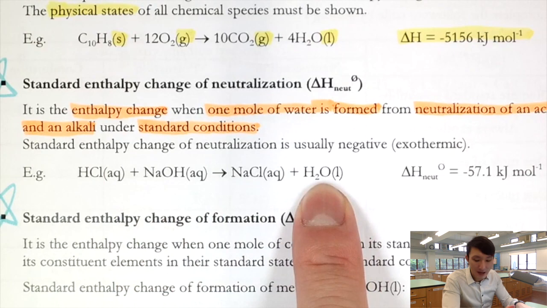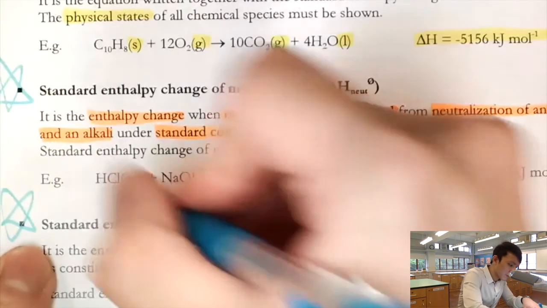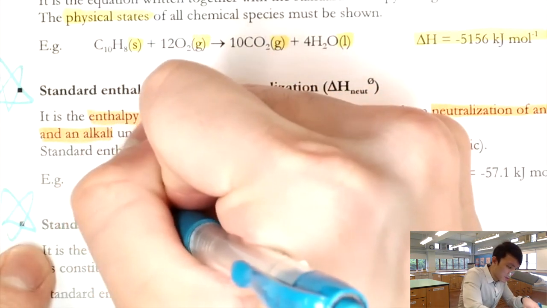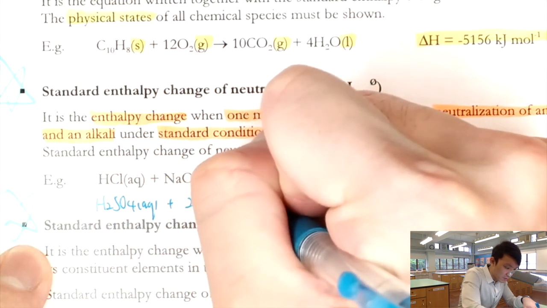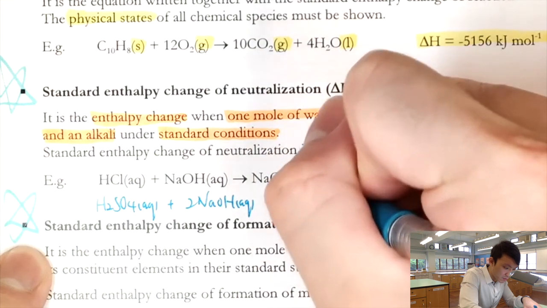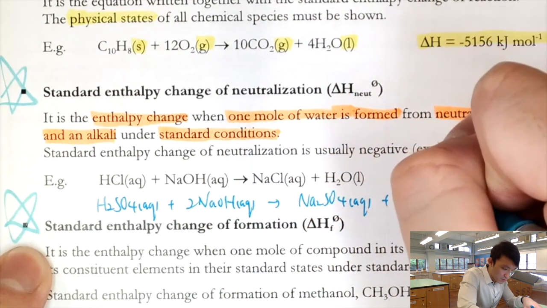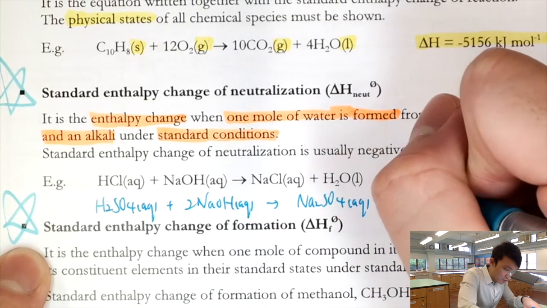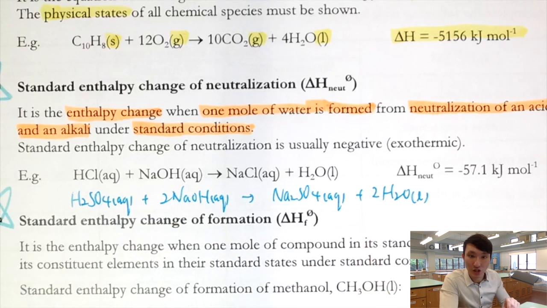Okay, now you pay attention to one thing. You may ask, hey, can I put down, for example, this one? Okay, can I put down this one as the equation substantiating the definition?